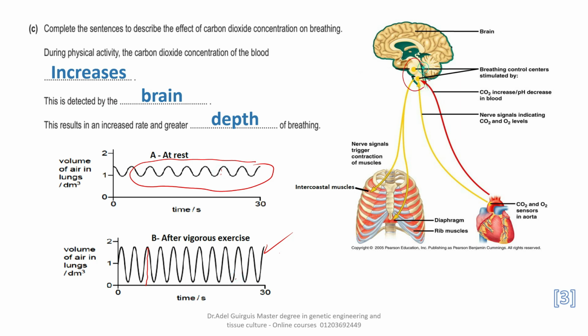The brain center in the medulla oblongata, or brainstem, is stimulated by the CO2 increase or pH decrease in blood.